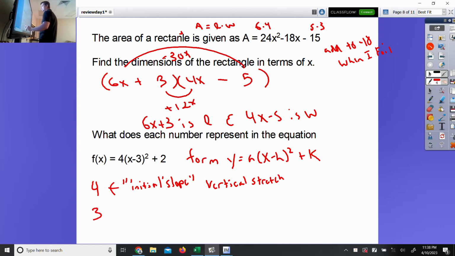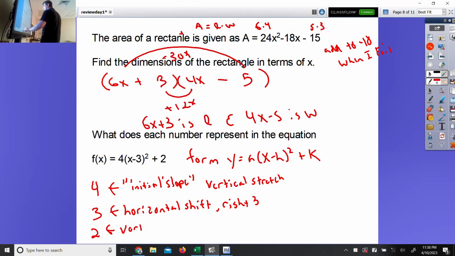The 3 represents the horizontal shift, and we always do the opposite with it with x. So this is going to be a right 3. And the 2 is the vertical shift, and it's the one that you trust. It's literally up 2.